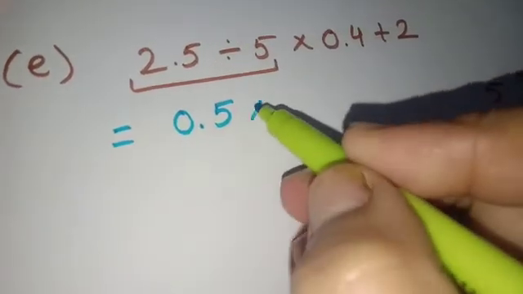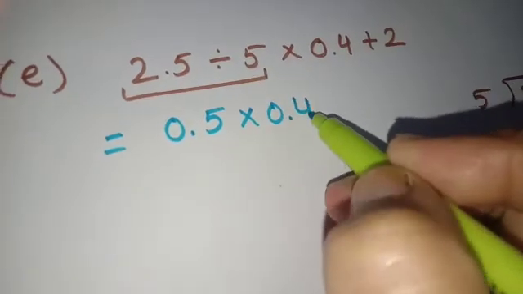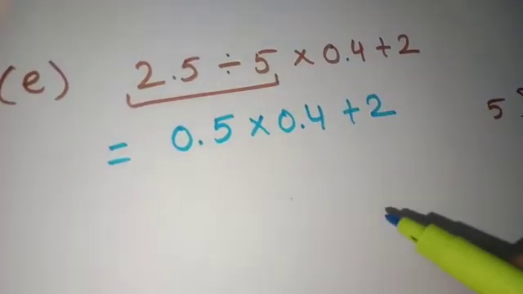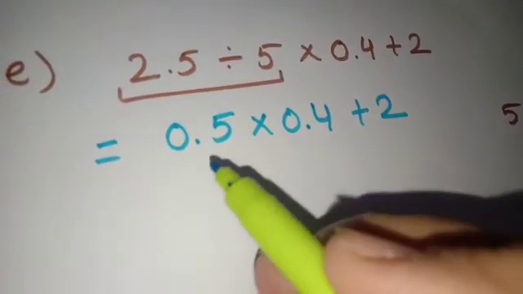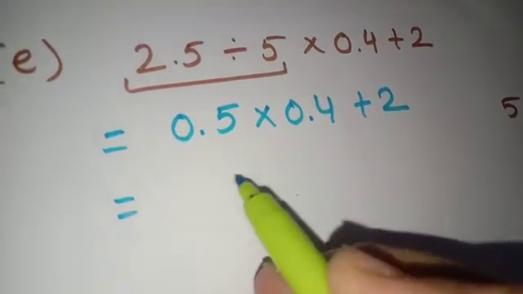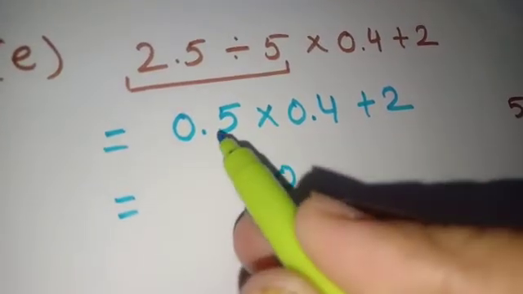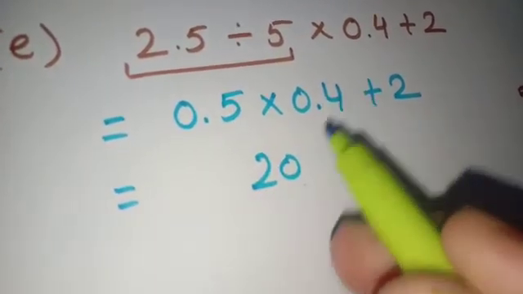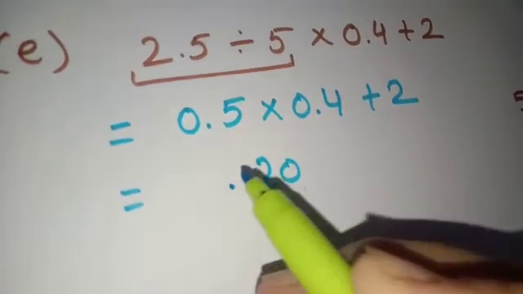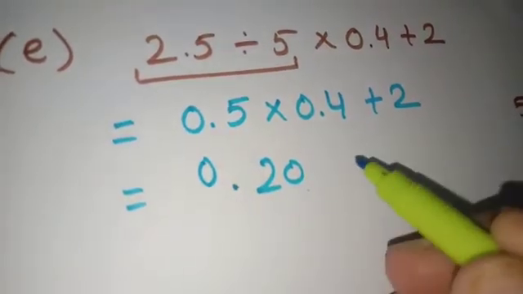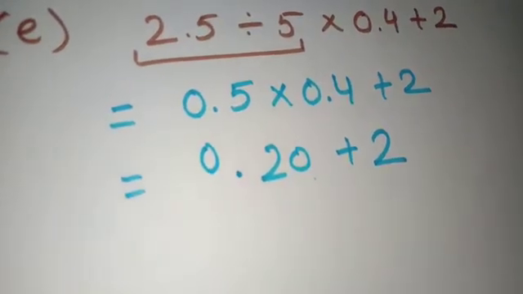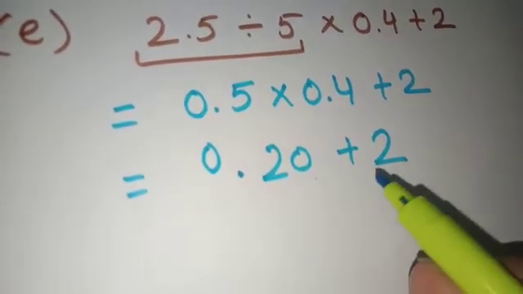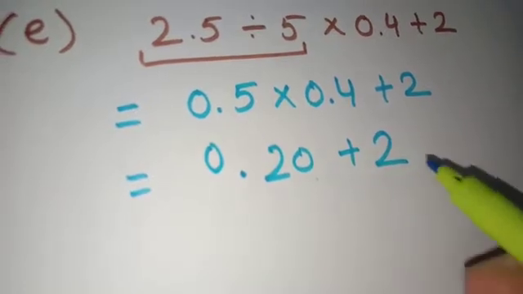Okay, multiply 0.4 plus 2. Now the turn is of multiplication. 5 4s are 20. The digits after decimals are 1, 2, so 0.20 plus 2. Now there is no point in 2, it means the point is at the end.